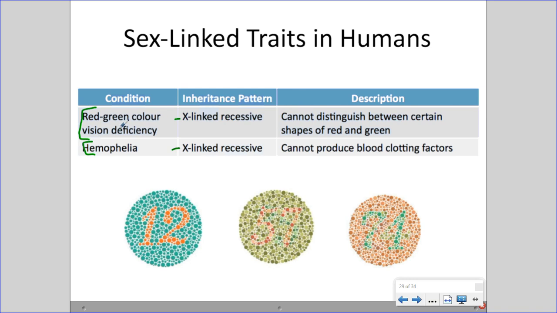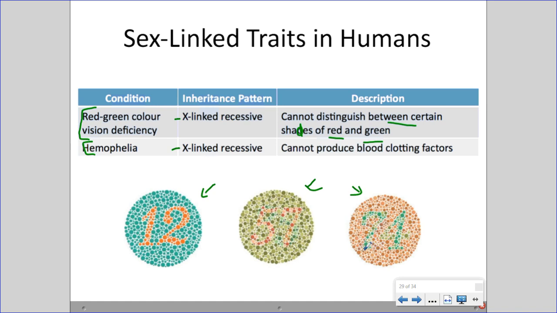The result is that with red-green color blindness, you basically can't distinguish between certain shades of red and green. If you look at these circles here, you should be able to identify a number in each of them. There are circles of colors, and in here is a number. If you have normal color vision, you should be able to distinguish these numbers from the background.